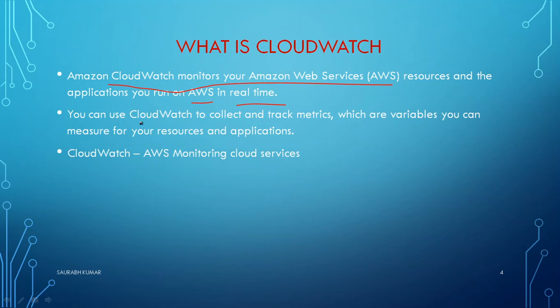We can also use CloudWatch to collect and track metrics, which are variables you can measure for your resources and applications. We can set a specific metric, track that metric, and collect information about it.